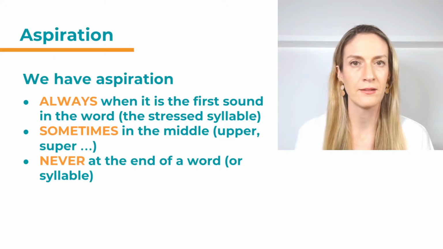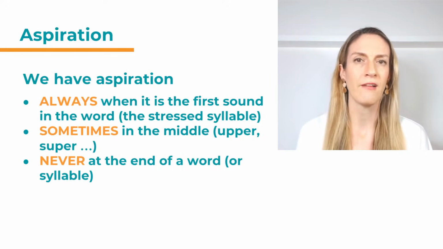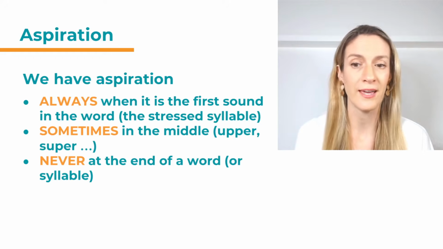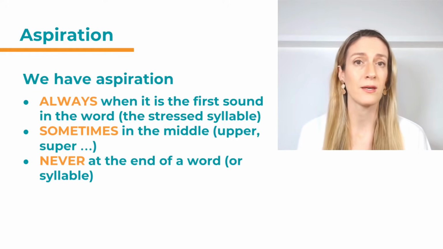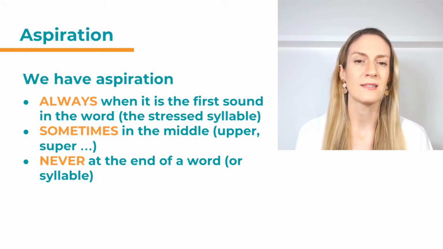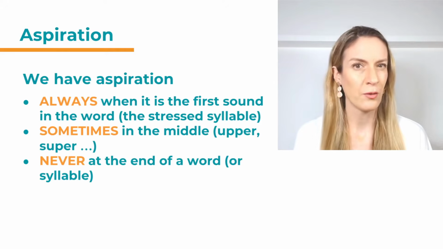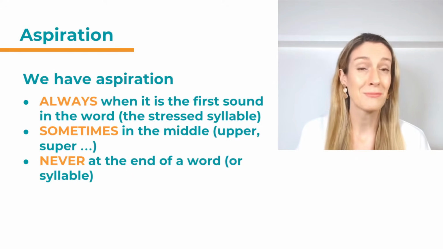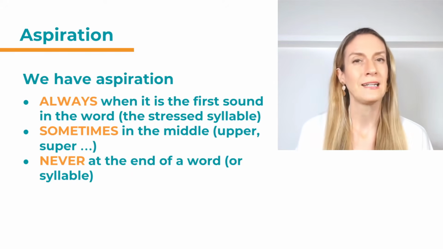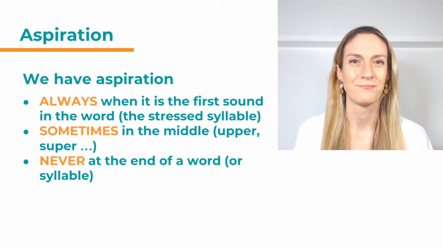That can happen. But we never have aspiration at the end of a word. So if the word ends in p, t, or k, there is never aspiration. Or if the stressed syllable ends with p, t, or k, there's never aspiration. So always when it's the first sound of the word in the stressed syllable and it's the only sound of the onset, sometimes in the middle, but really never at the end.